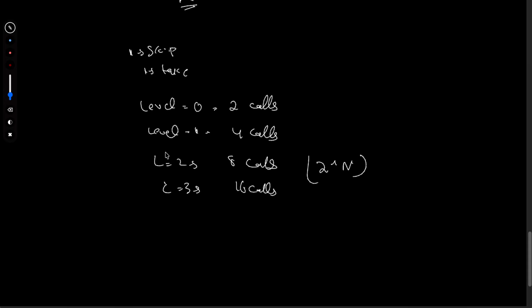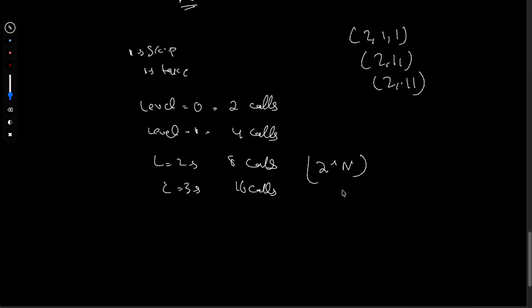So recursion explores every subset, and many states repeat again and again, like 2 comma 1 comma 1 is repeated. Some states repeat multiple times, so it is slow. We can reduce the time complexity using memoization. In the recursion tree we saw the same state repeating and being recalculated.